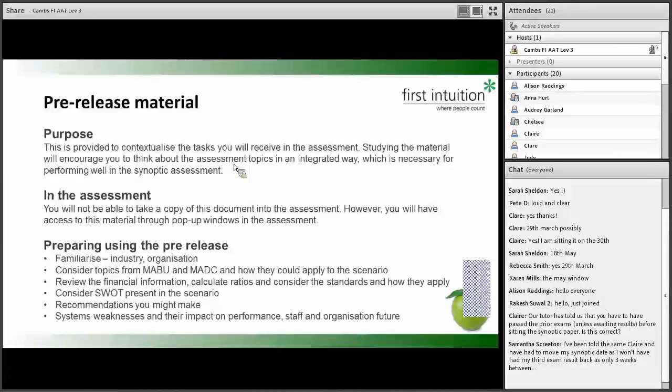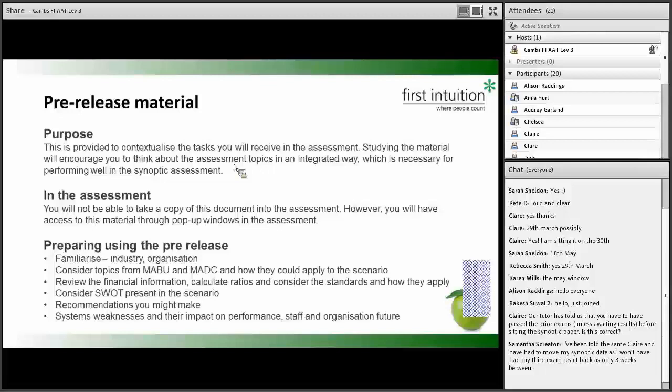You can use the pre-release material for the sample assessments and go through the sample assessments to give you an idea of the types of questions you could be asked, the amount of detail you're expected to go into, and the format and presentation of the exam. But the pre-release material that you'll be tested on in the exam is the live version.